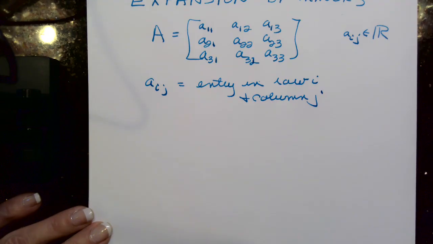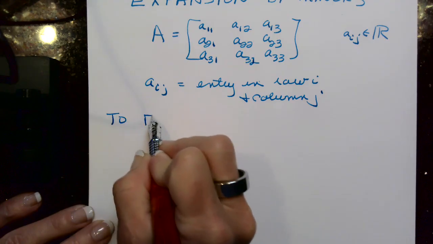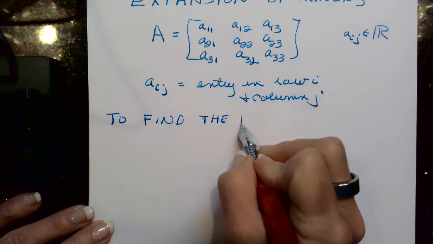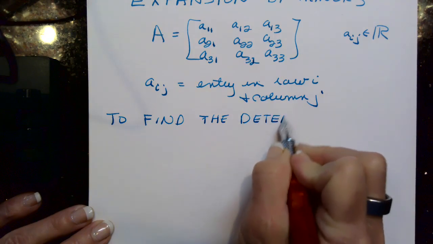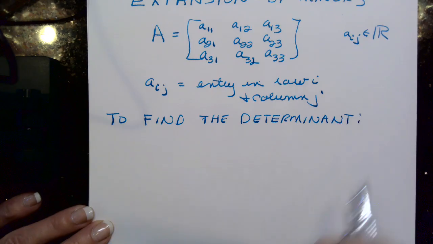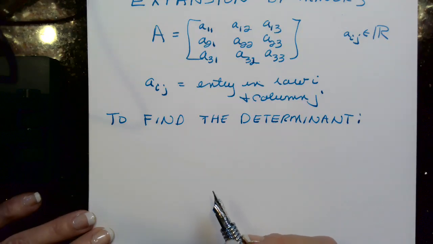Okay, and so to find the determinant, here's the method. What you'll see with me as the semester goes on is I love to abbreviate things. So it's kind of killing me to write out determinant twice. But hopefully my abbreviations will be clear once you get used to hearing me speak more and more.